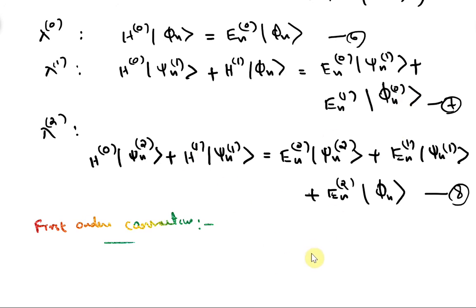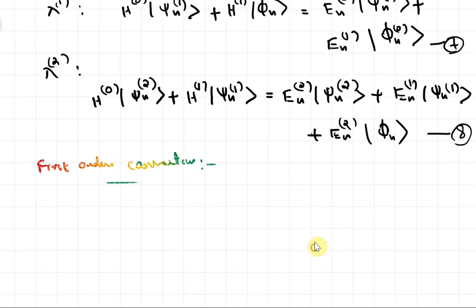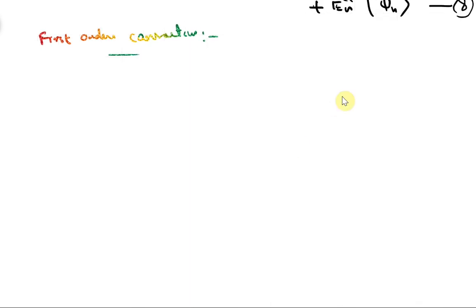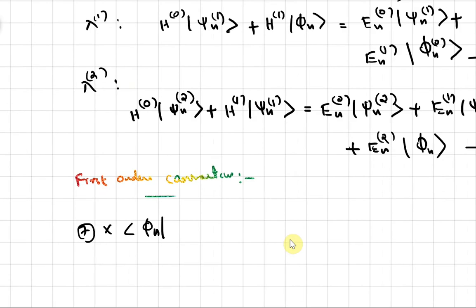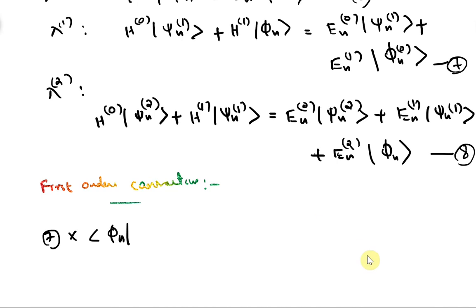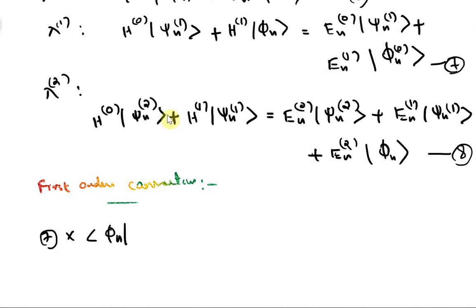So what we are going to do is to multiply the 7th equation with the bra of phi n. This is something that we are going to do. Okay, now we have to see what is there in the LHS. In the LHS we have H0.